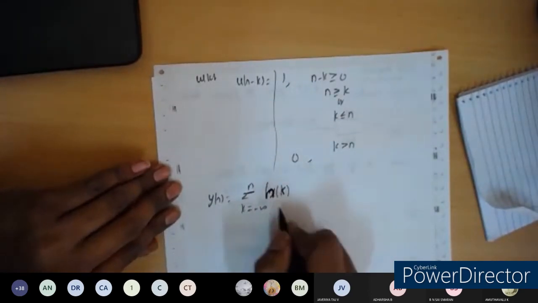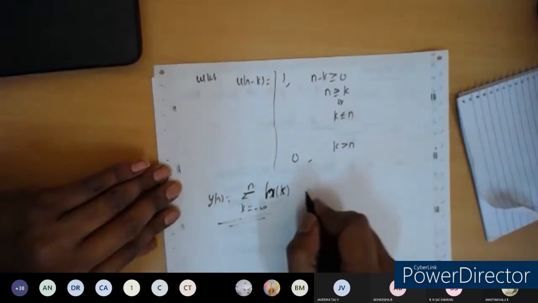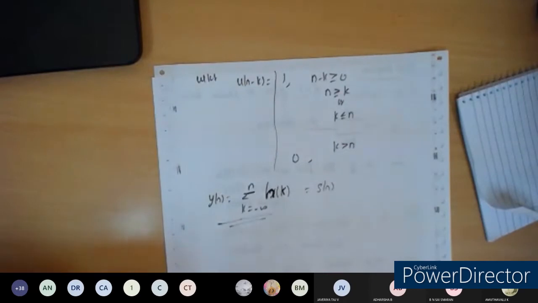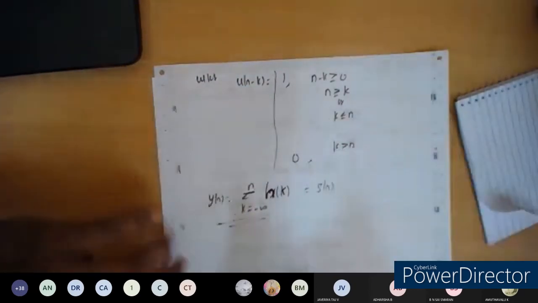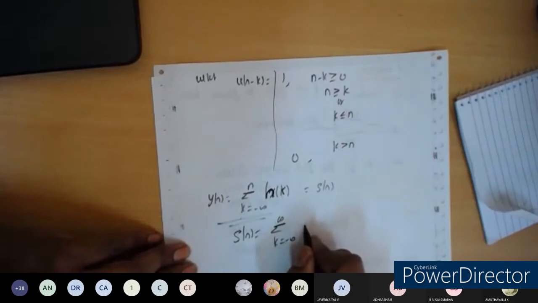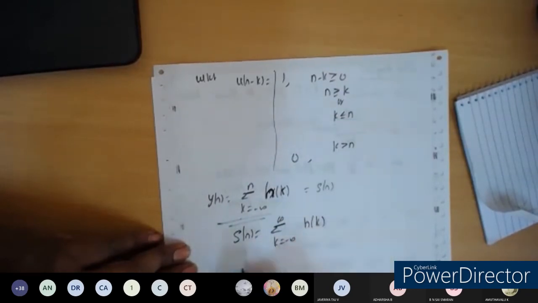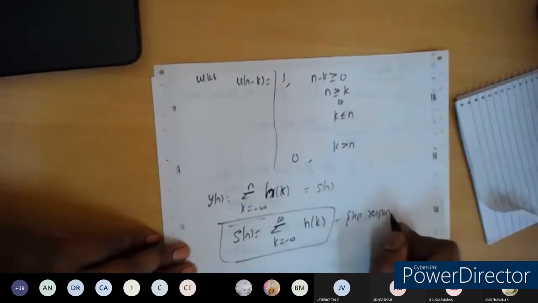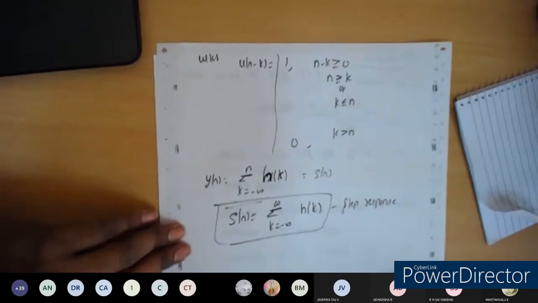This one is called the step response s of n. So s of n is equal to summation k equals minus infinity to n of h of k. This is the step response for discrete time systems, for the discrete time signal.